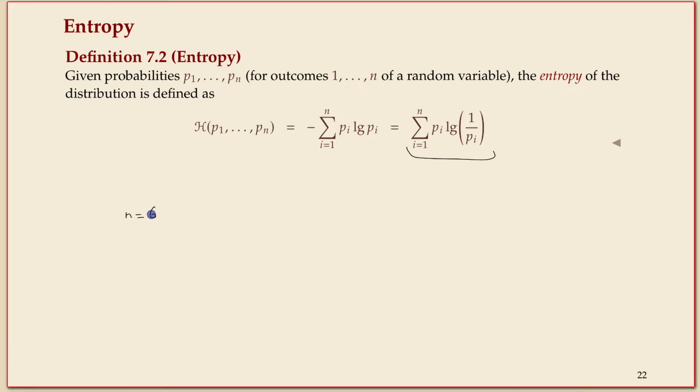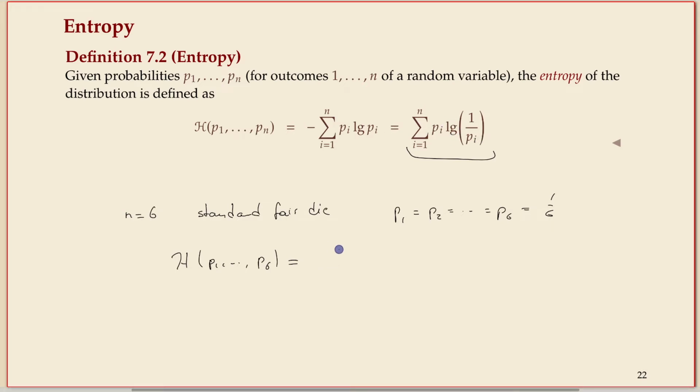If we take a standard die with 6 sides, and suppose that it's fair, so we would have all the p_i, p1 up to p6, they're all 1 over 6. Then the entropy of this distribution is this sum, but the sum is always summing over the same term.